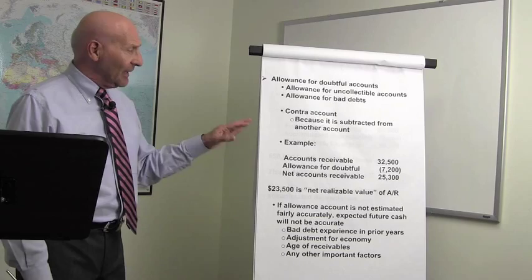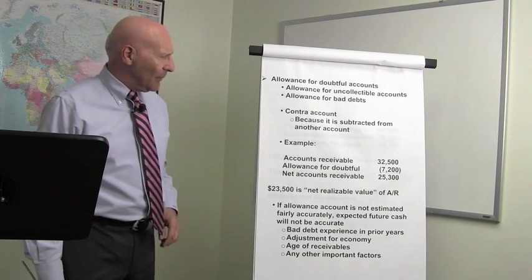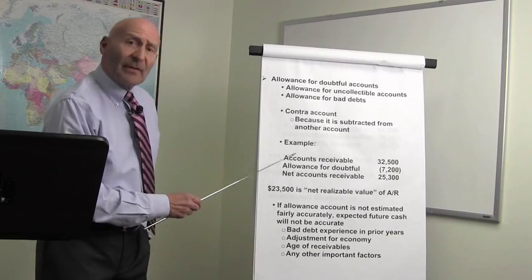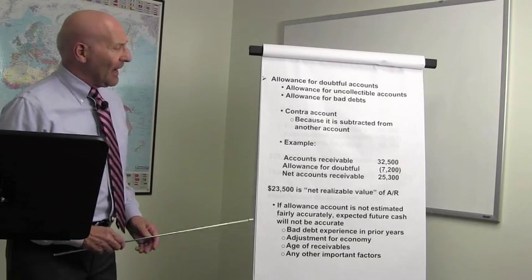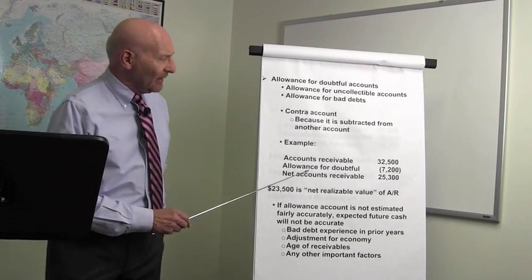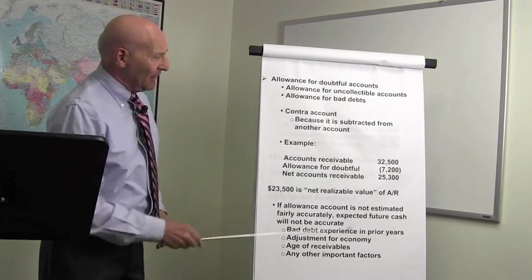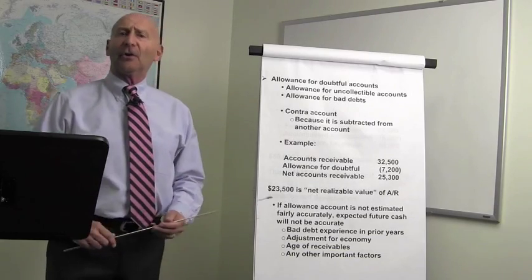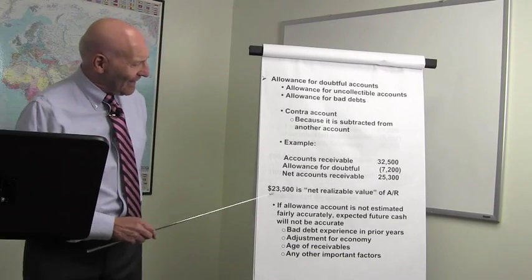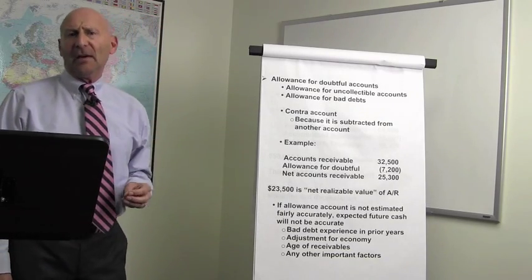Now let's look and see how that appears on the balance sheet and how we come up with that number. Let's take for an example the accounts receivable total of $32,500, and let's say that the allowance for doubtful accounts or allowance for bad debt is $7,200. This is a net accounts receivable figure of $25,300. That means that this is the net realizable value of the accounts receivable.